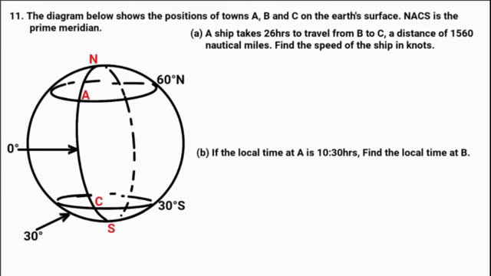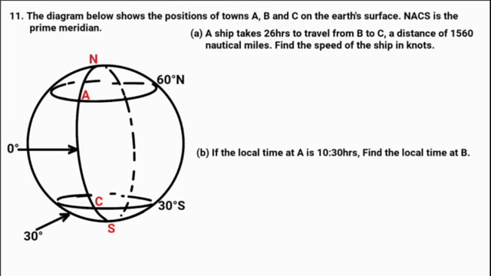Okay, so this is the first question. The first thing we need to do is study the diagram. We take note of important key points, and make sure that you get some information from the diagram. So how do we find the speed of the ship?